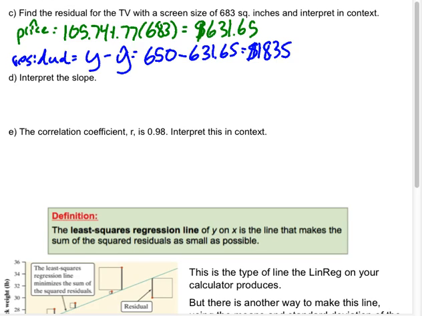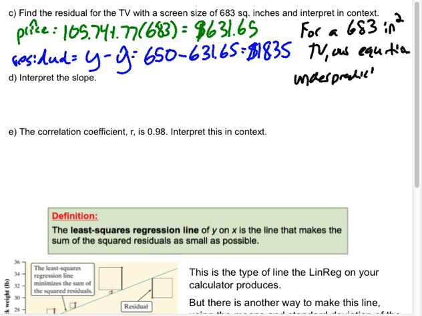So to describe that, we're going to say for a 683 square inch TV, our equation underpredicted the cost by $18.35. Okay, that's how we would note the residual in this case.